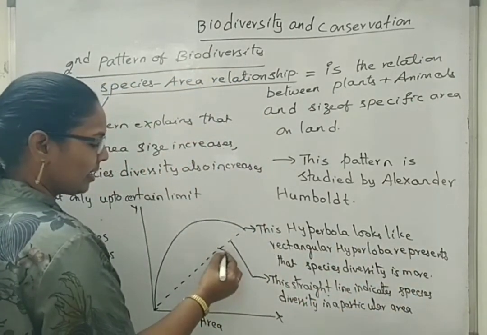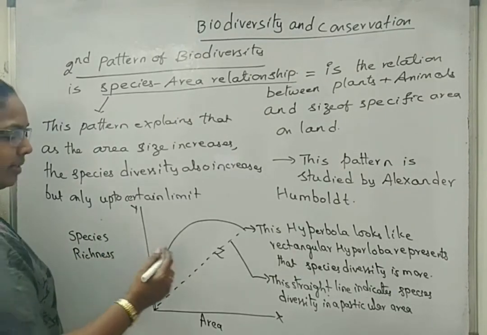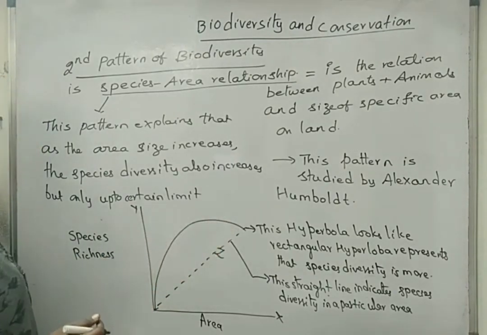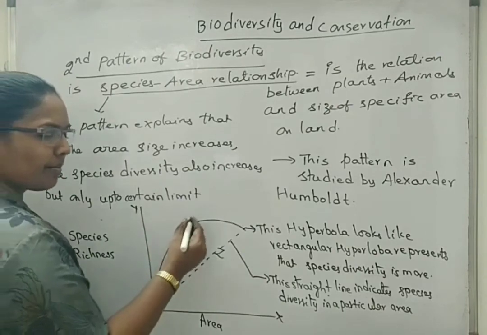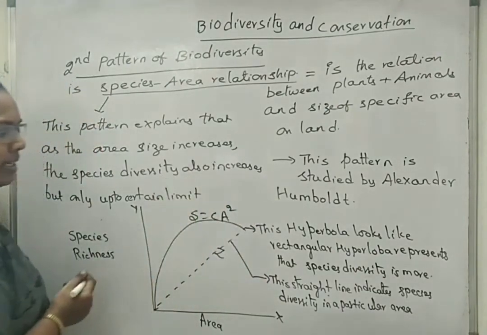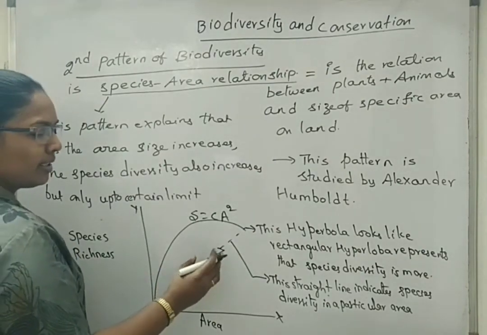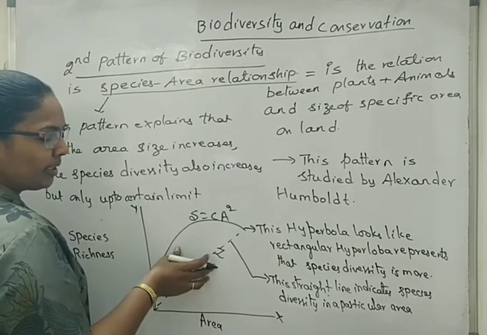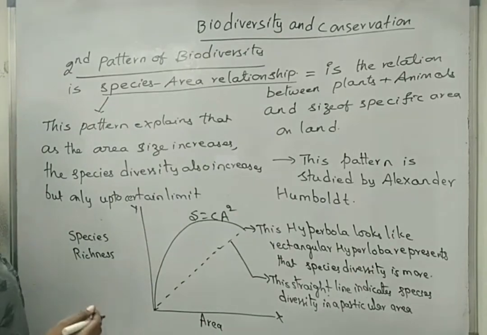So this straight line is indicated as Z. But this rectangular hyperbola is given with a special type of equation like S equals C A to the power Z. This straight line, which indicates the species diversity in one particular area, includes more explanation about the Z, which is considered as the species richness.